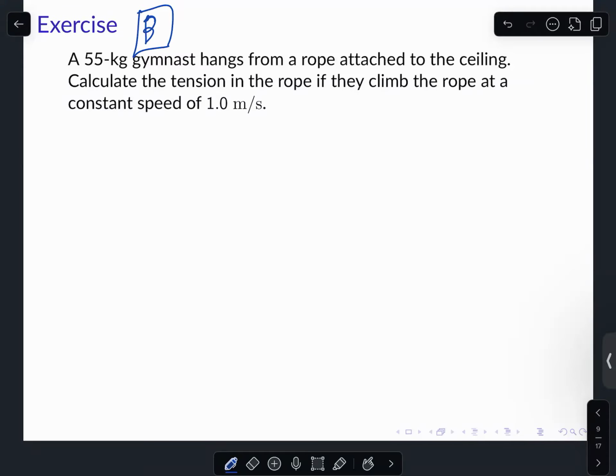No is not correct, by the way. If you're confused, go back to what we just did.